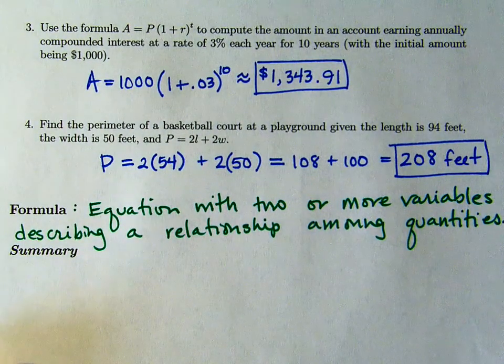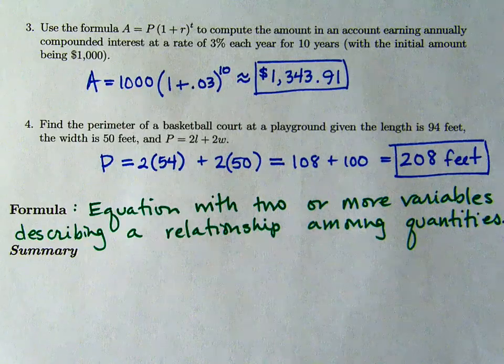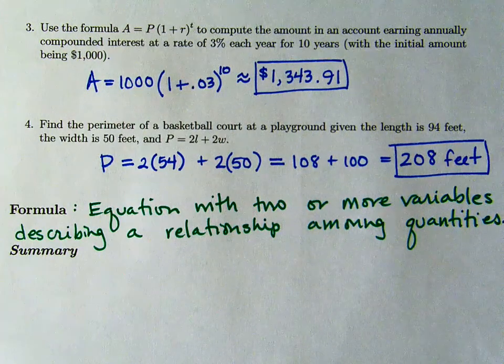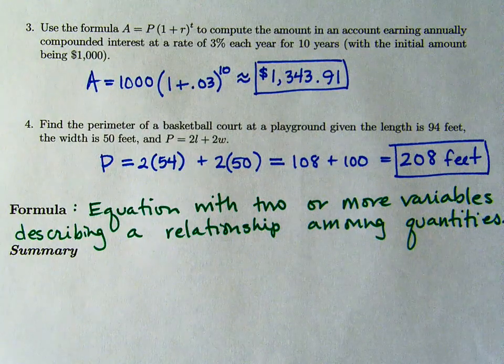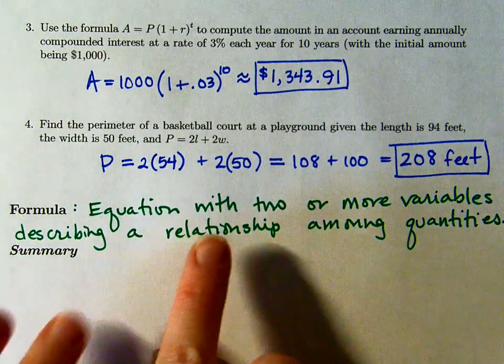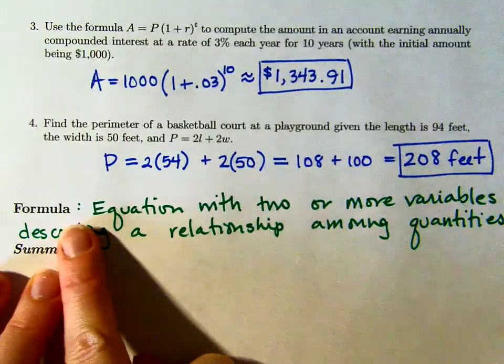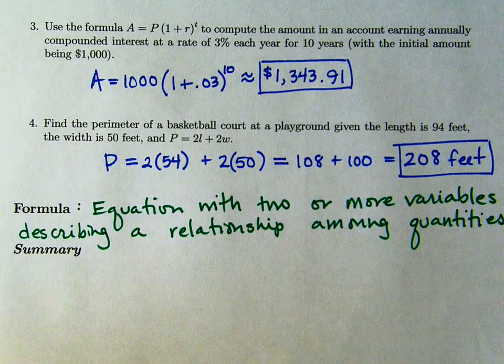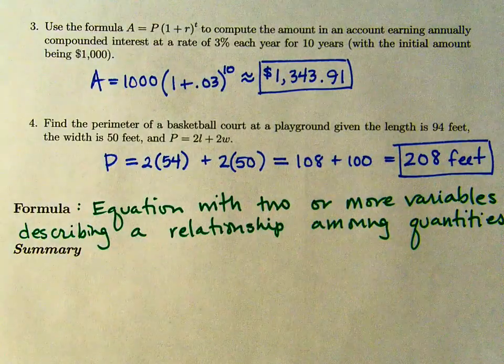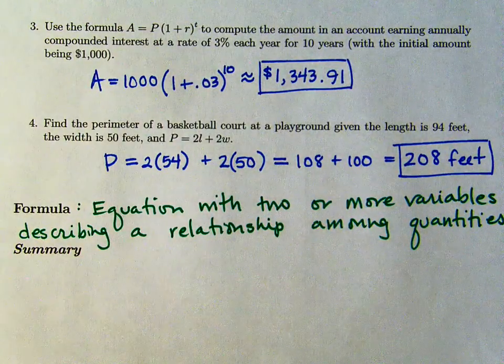So you would have to really pin down what I'm calling the input and what I'm calling the output. Here, a formula doesn't really specify what is the input and what is the output, but a function does. So for instance, I remember we wrote down this.